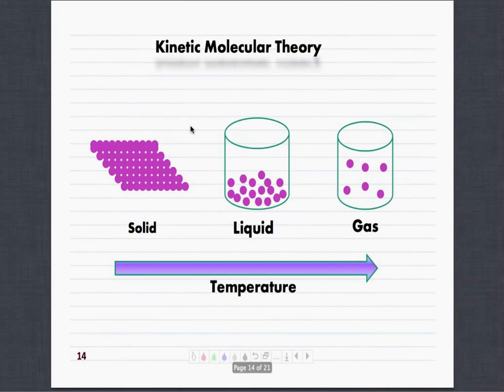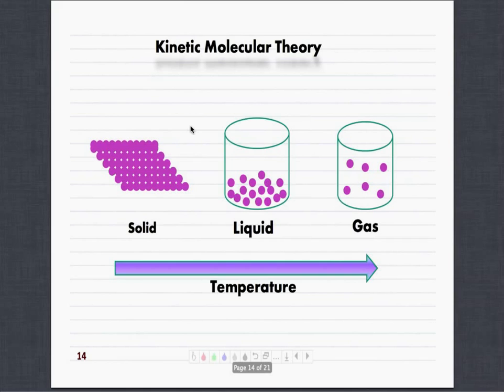And the reason behind it is that I want those particles, which are close to each other in the solid, to be far away from each other. So I need heat to do so, which is temperature. The liquid also can go to the gas, so the particles will be farther away from each other. So this also needs energy.